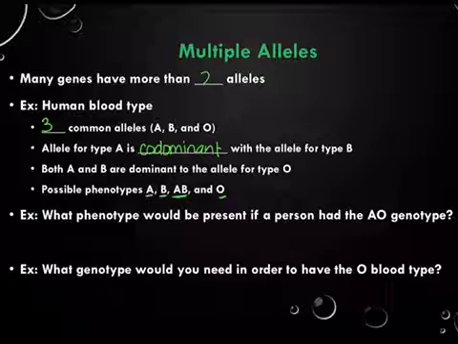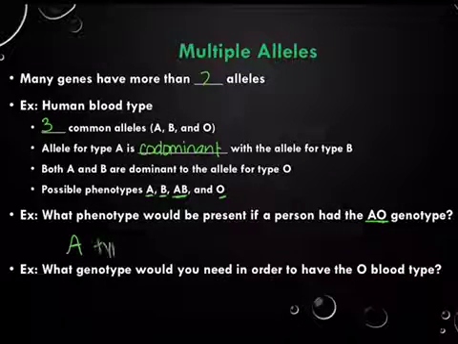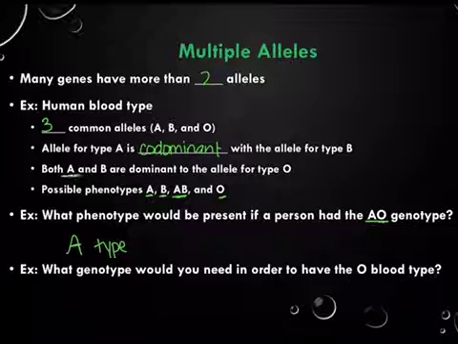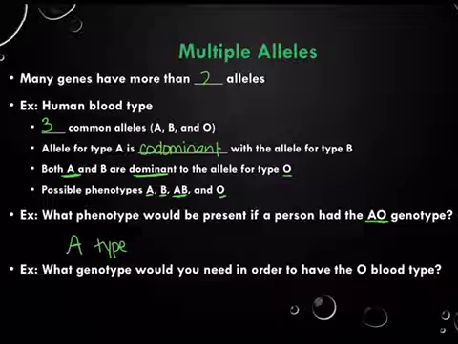So if we had an AO genotype, we would know that we have a phenotype of type A blood, because A is dominant to O. So what genotype would you need in order to have O type blood?